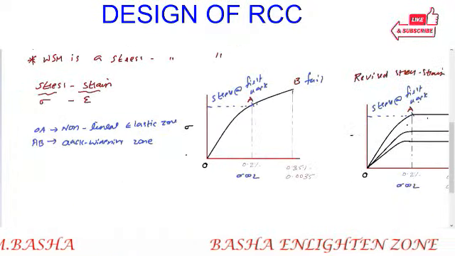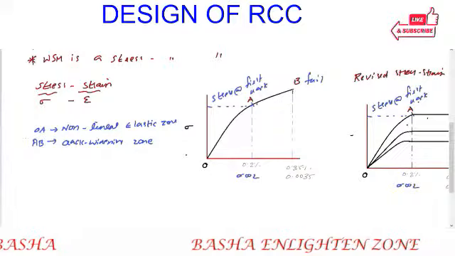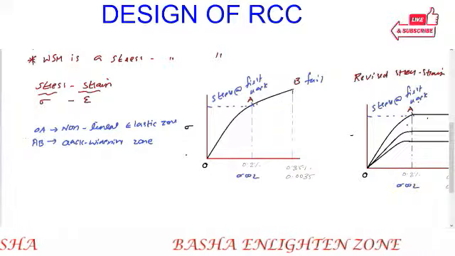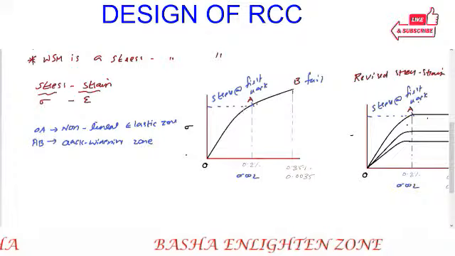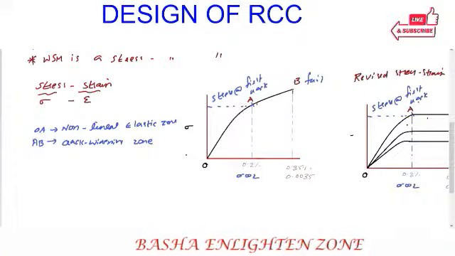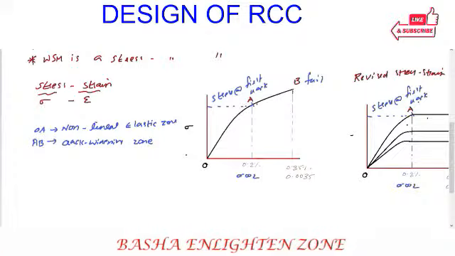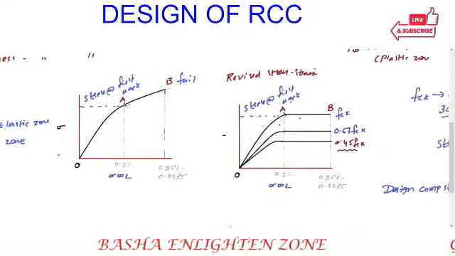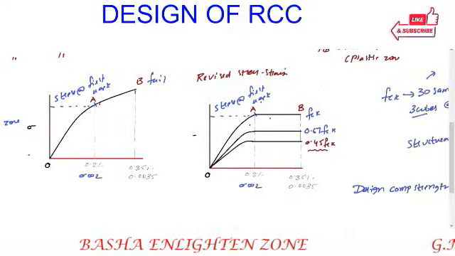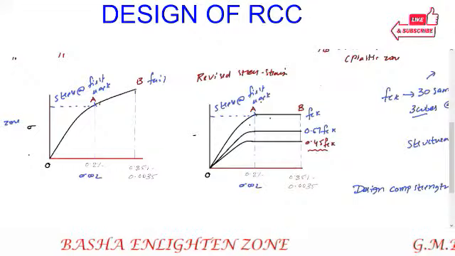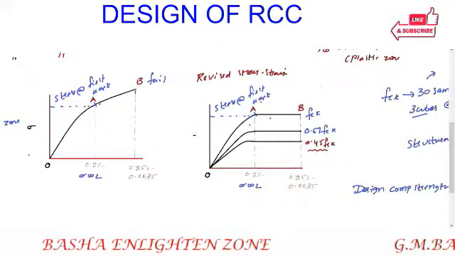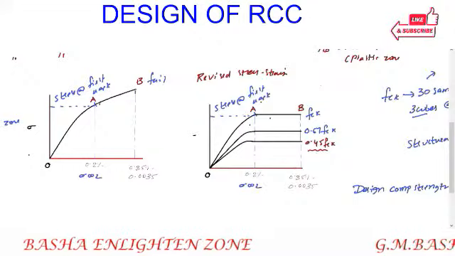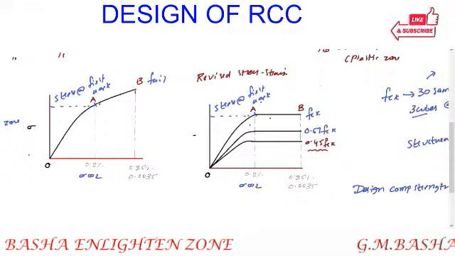Coming to the stress strain curve, this is the original curve up to OA, the non-linear elastic zone, and AB is the crack widening zone. In the revised stress strain curve, this crack widening zone is made flat and treated as the plastic zone.